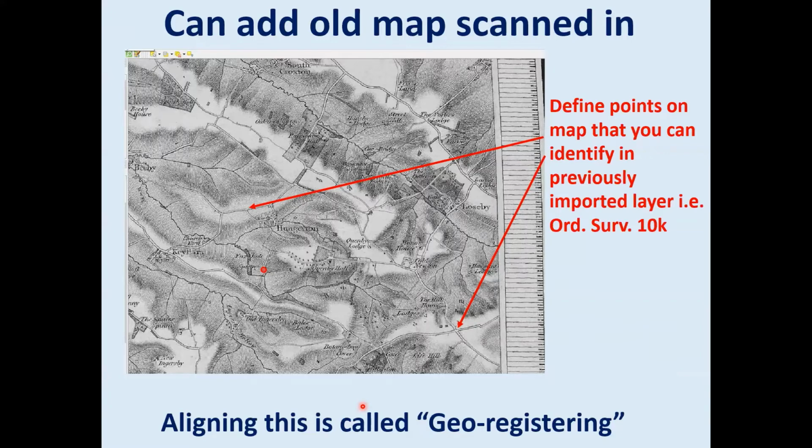And to do that, we need to find a number of key points on this old map that you would find on a new map. So usually road boundaries and road intersections like here and here are good reference points because they usually haven't moved. So again, actually, if you look carefully, you can see this is Hungerton. This is the area we've been looking at.